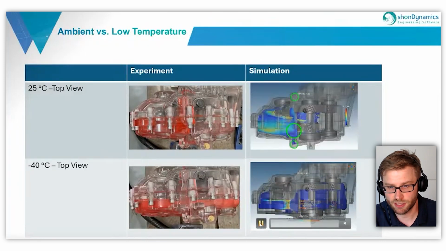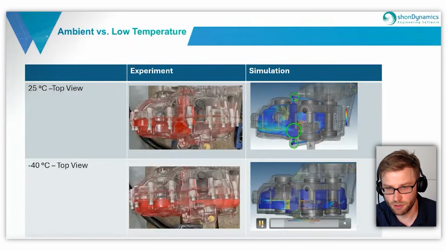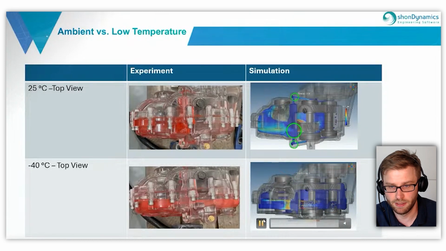In the simulation, at the beginning we get a little bit of fluid, but in the later stage we don't get any more fluid into the pool. So the channels don't get filled by lubricant.